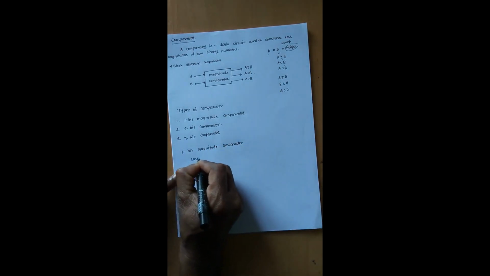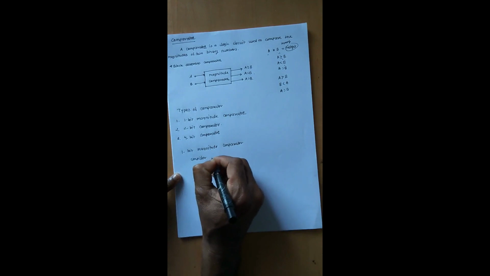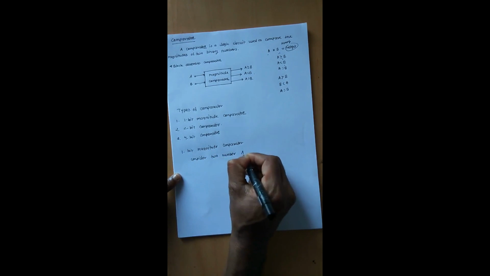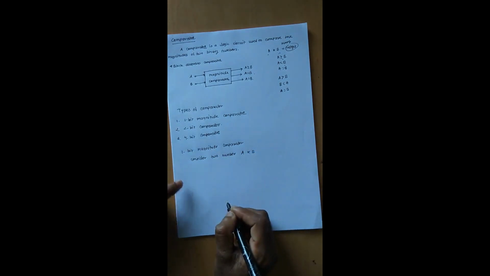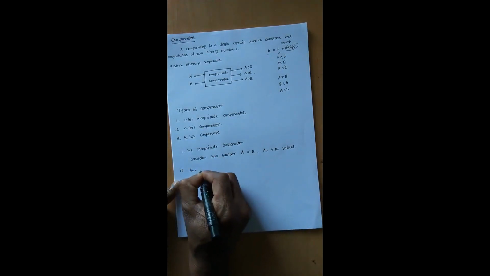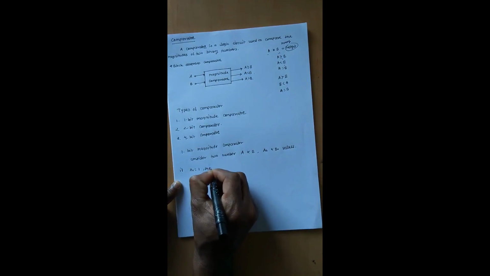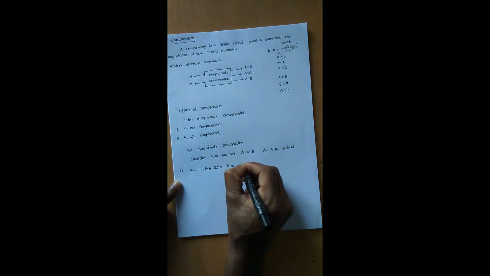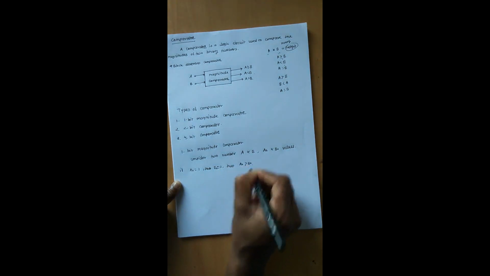Consider there are two numbers, number A and number B, which consist of the A0 and B0 values, and we want to compare them with each other. If A0 is 1 and B0 is 0, then A0 is greater than B0.